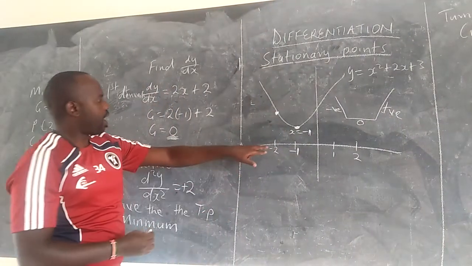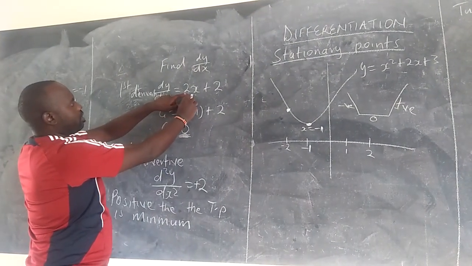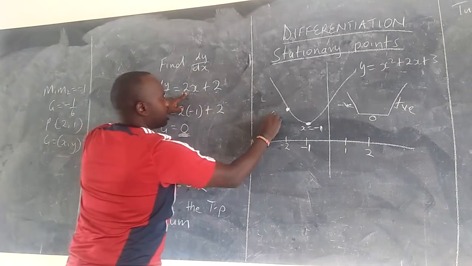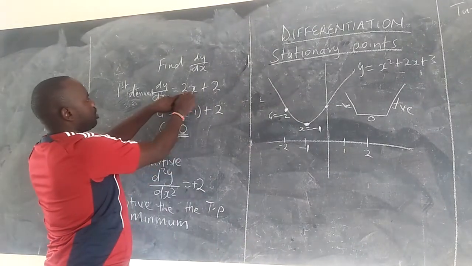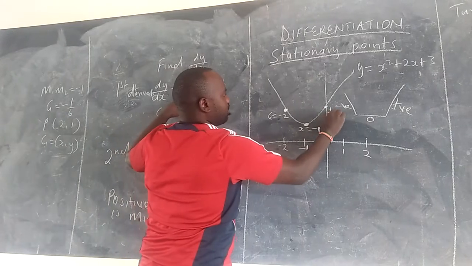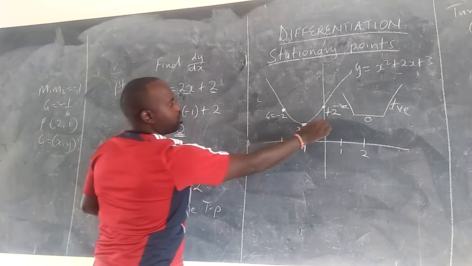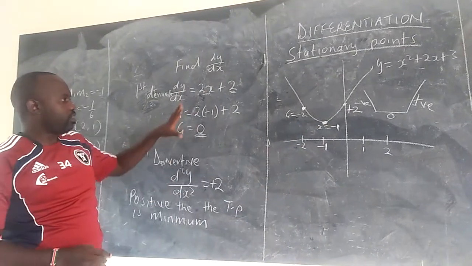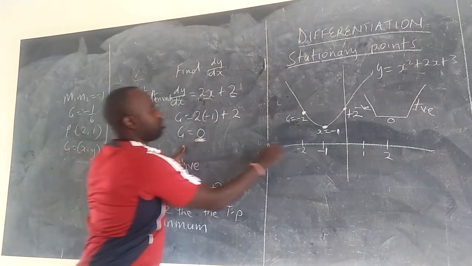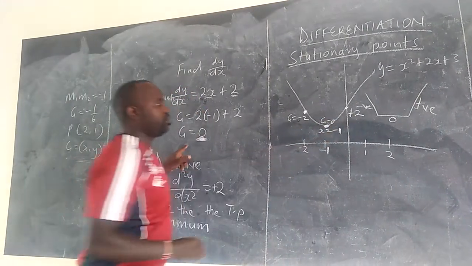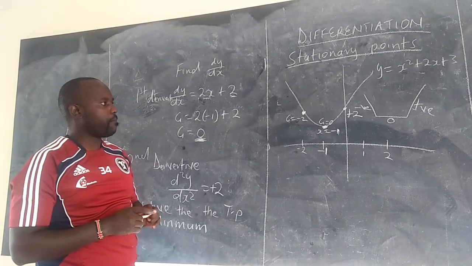For example, substitute negative 2, you get negative 4 plus 2, so the gradient here is negative 2. If you come to this point, for example 0, you get 0 plus 2, so the gradient is positive 2. So the gradient is changing from negative through 0 to positive. Once the gradient on a curve changes from negative through 0 to positive, that is a minimum point.